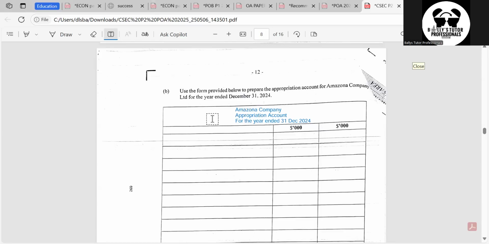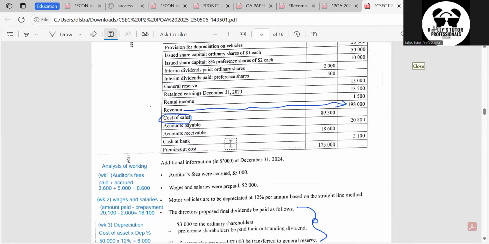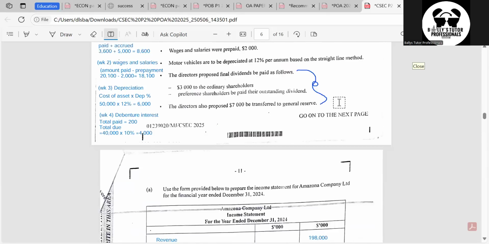So we're going to start off with the net profit that we calculated in our income statement just now, which would be 25,600. And we're going to add any retained earnings from the previous year. If you watch here, we have retained earnings from 2023, which is the previous year, because according to this, we're doing it for 2024, and that is 13,500.